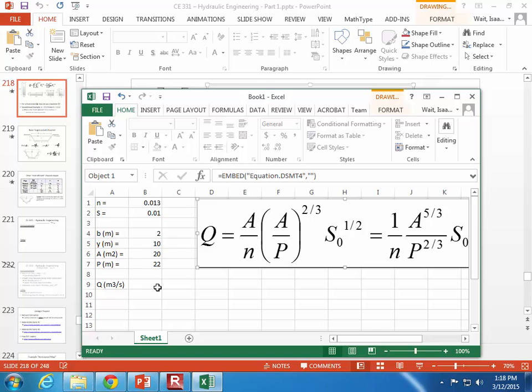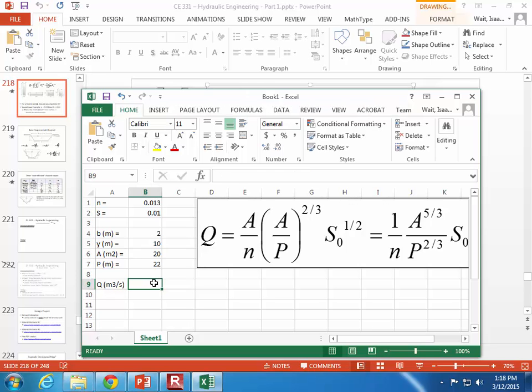Okay, so Q is going to be 1 divided by n. I'm going to anchor that so that when I move around it's always referring to the same location for n. Times the area to the 5/3 power. So here's my area to the power of 5/3.